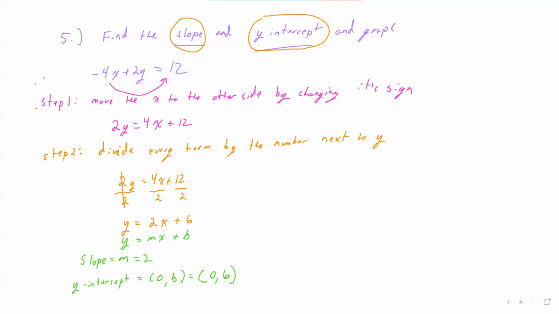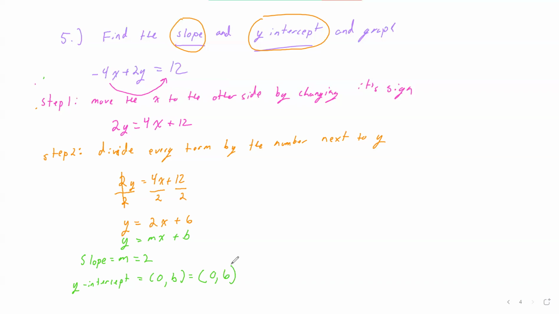I want to go ahead and apologize now, but this is a b, and this is a 6. I know they look the same. Yes, because in your homework, it wants you to write it as a coordinate rather than just b equals.